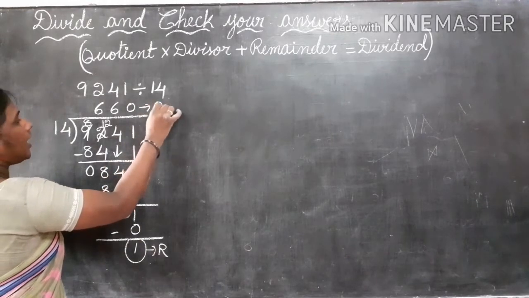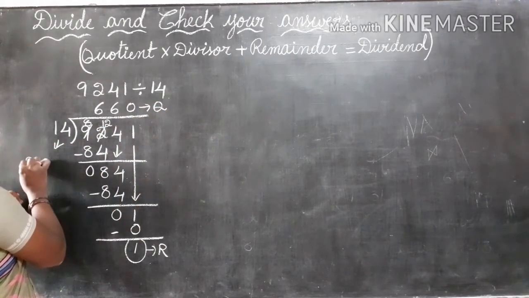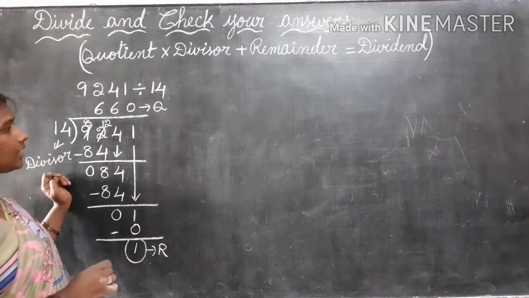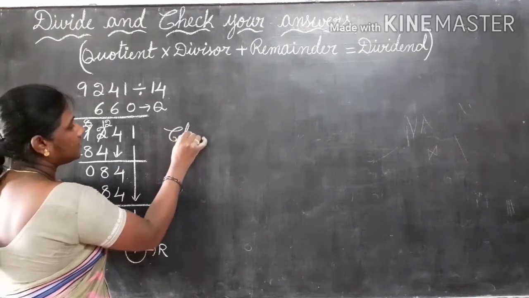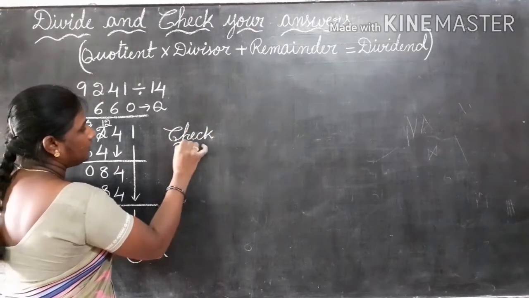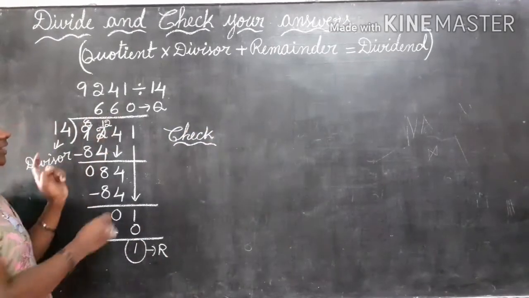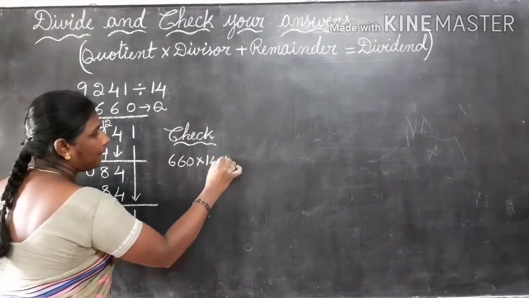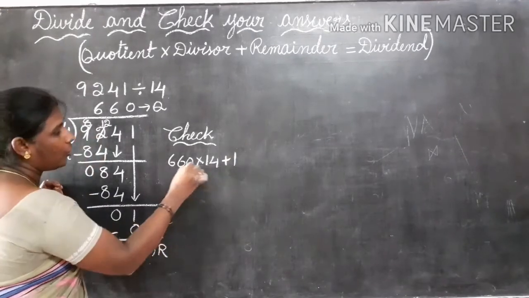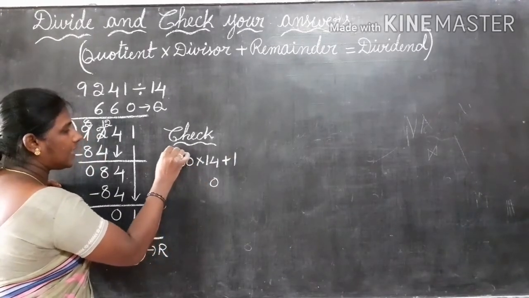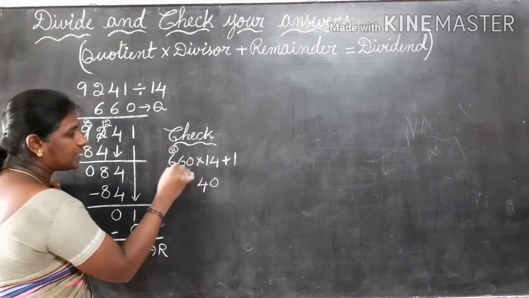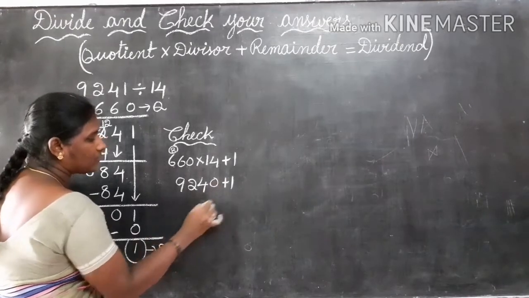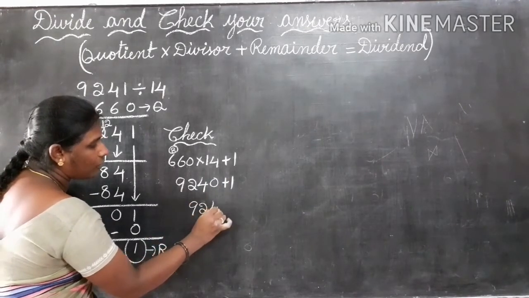This is the quotient, this is the divisor. So what is the check for this? Quotient into divisor: 660 into 14 plus remainder 1. 14 zeros are 0, 14 sixes are 84, 14 sixes are 84 plus 8, 92. 9240 plus 1, 9241.